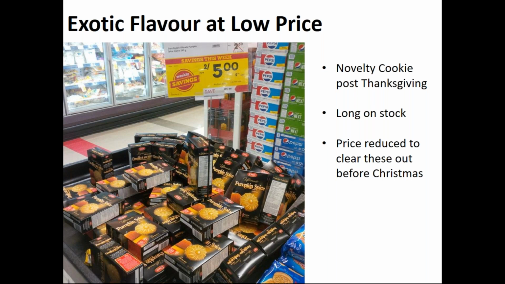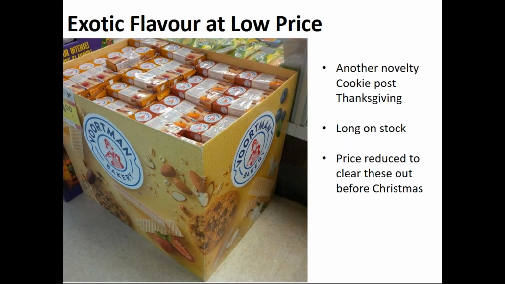An example is a novelty cookie made for the fall market, the Halloween, Thanksgiving season. Now we're after Thanksgiving, the season has lapsed, and the product is being sold for less than half its regular price. That tells me they're just trying to convert this to money, to blow out the rest of that stock.